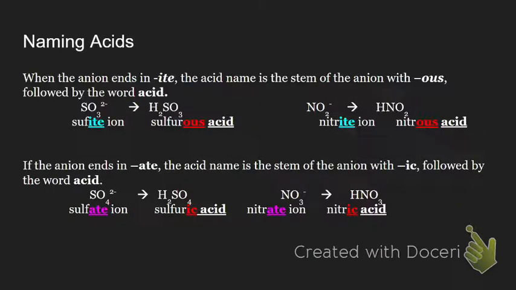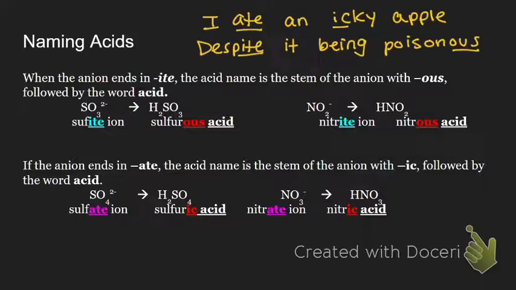So I'm going to write that down. So you can see here, I ate, we drop the ate and we put ic. So I ate an icky apple. And then with the polyatomics that end with ite, I-T-E, we drop the ite and we put ous. And then we just follow it with the word acid.